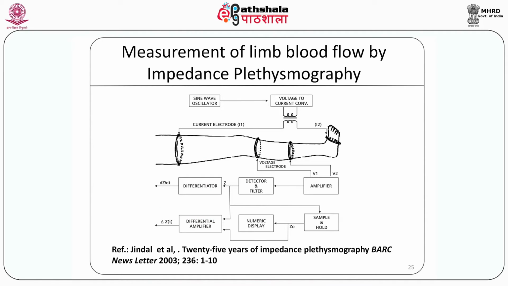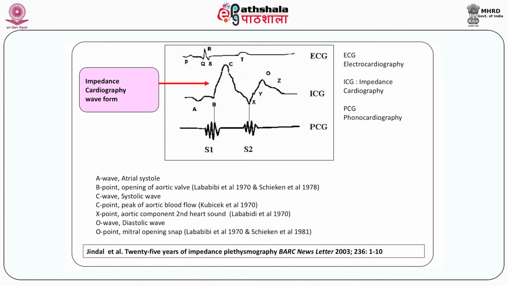This slide gives you the setup for recording of blood flow to the cuff area by using impedance plethysmography. This technique provides not only the measure of pulsatile blood flow but also the provision of calculating the change in resting blood flow in two conditions.